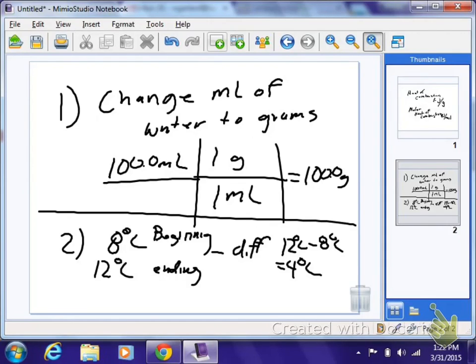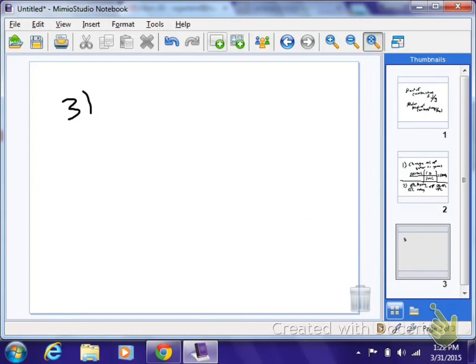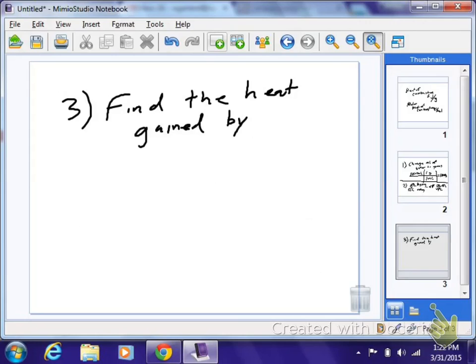So why do we need to know those two bits of information? Is so that we can do number 3, which is find the heat gained by the water, or thermal energy gained by the water. Okay, if you remember, we'd use this equation.